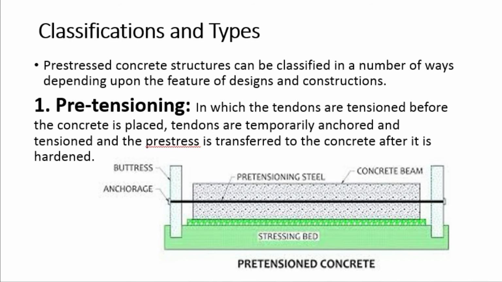Here is the classification of prestressed concrete. In pre-tension, concrete is poured with the anchorage fixed in this device. Tendons are stressed, in which the tendons are tensioned before the concrete is placed, and thereafter concrete is laid.